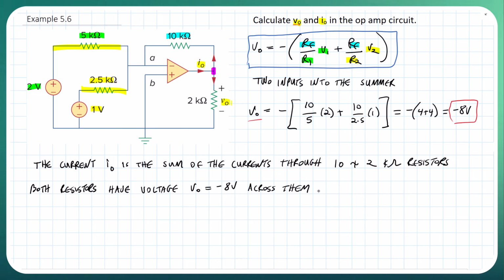This is because VA equals VB, which is 0.